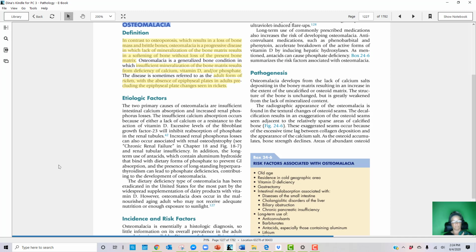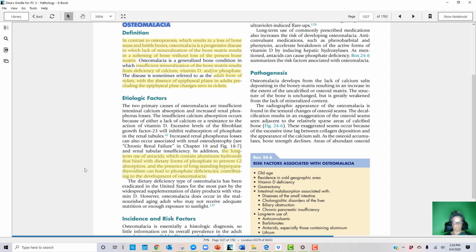See chronic renal failure in Chapter 18 and Figure 18.7, and renal tubular insufficiency. In addition, the long-term use of antacids, which contain aluminum hydroxide that bind with dietary forms of phosphate to prevent GI absorption, and the presence of long-standing hyperparathyroidism can lead to phosphate deficiencies, contributing to the development of osteomalacia.